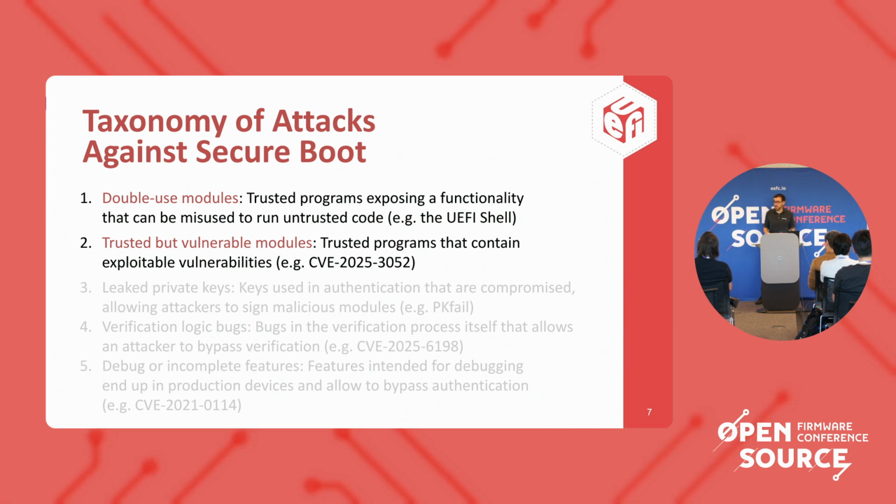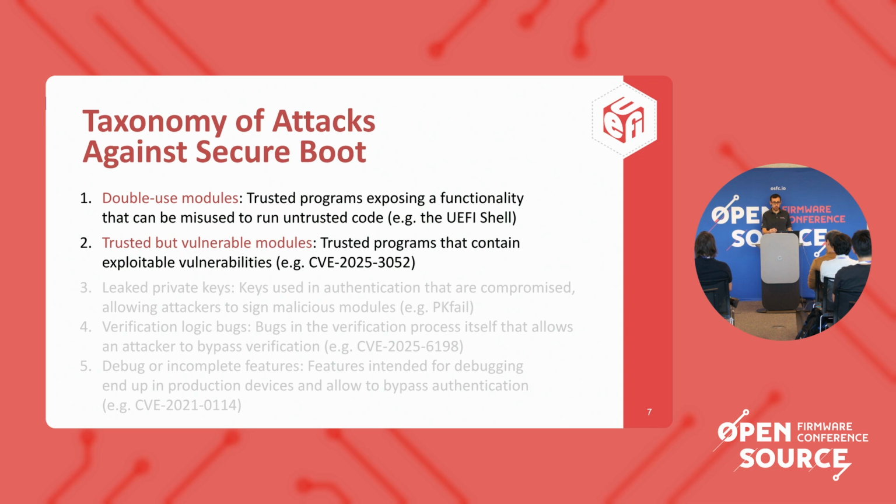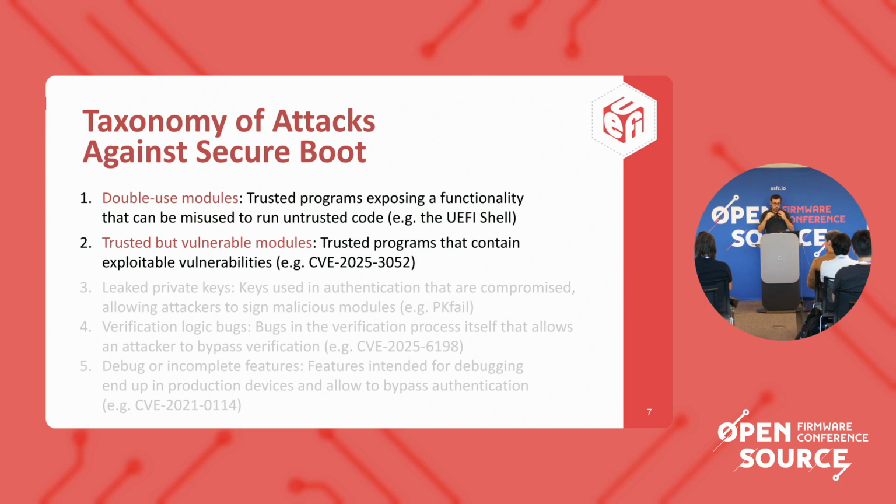A nice example of this is the UEFI shell, and I will tell you a little bit later how it can be misused to run untrusted code. The second one is instead the most common BYOVD attack. These are modules which are trusted, which are signed, but which are exploitable.